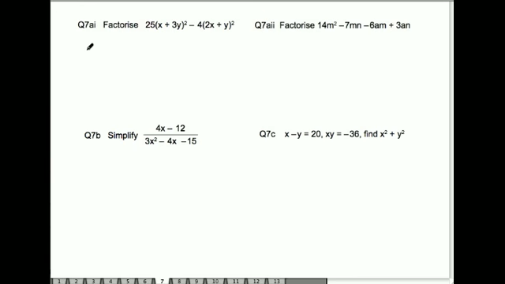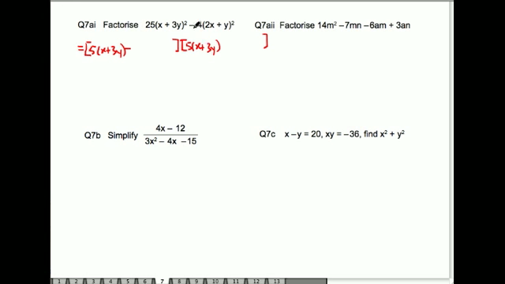In number 7, we need to factorize a difference of 2 squares, and we know that a difference of 2 squares will give us one side negative and the other side positive. So here is 5 times 5 and x plus 3y times x plus 3y. Okay, 5 times 5, 25.